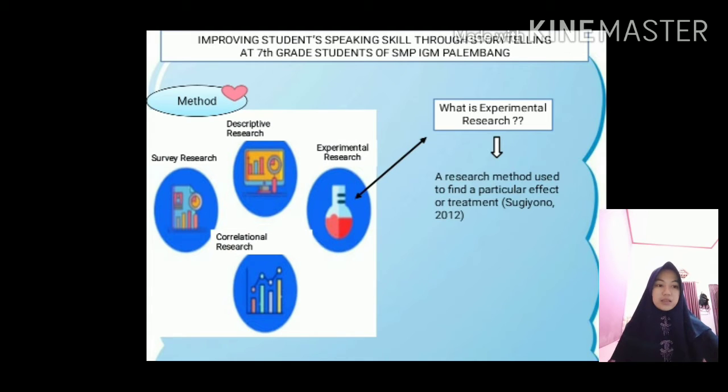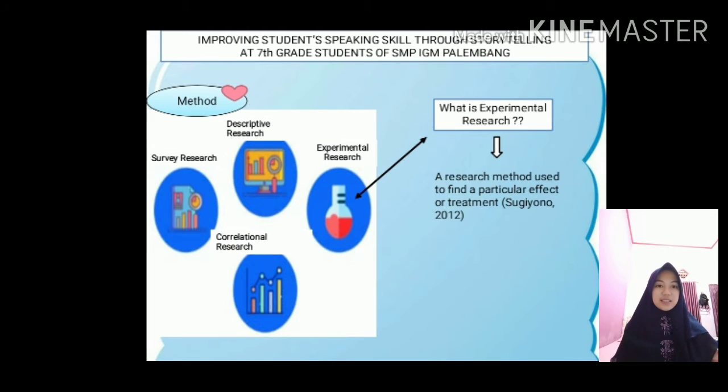Experimental research is a research method used to find a particular effect or treatment, Sugiono in 2012. So, the reason why I use experimental research is because I would like to know whether the treatment that I give to the student, that is teaching by using storytelling, has an effect on the improvement of student speaking skill in the classroom.